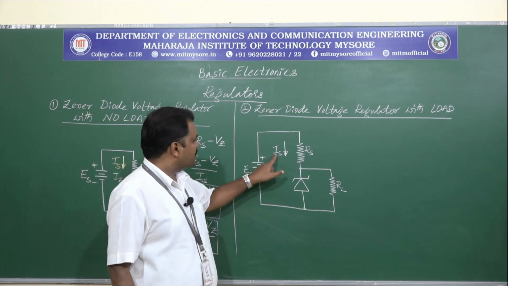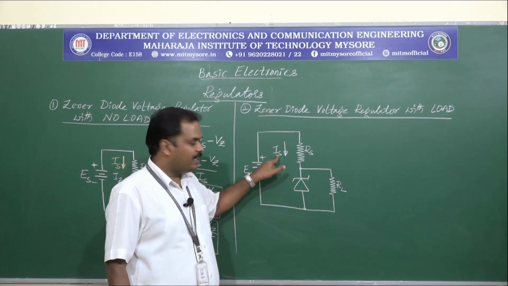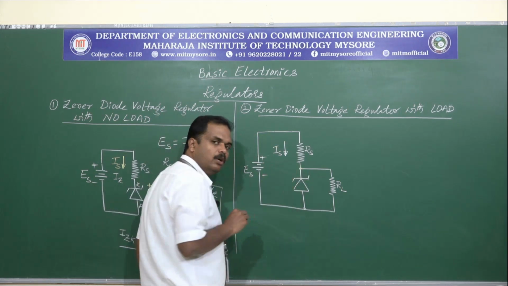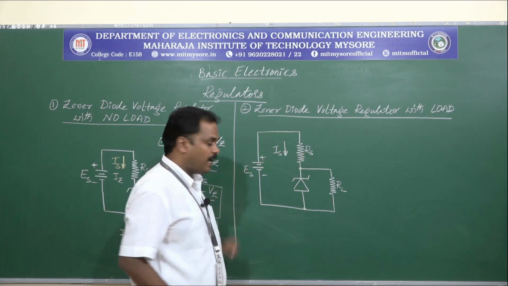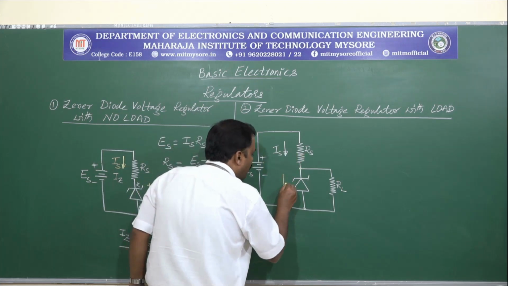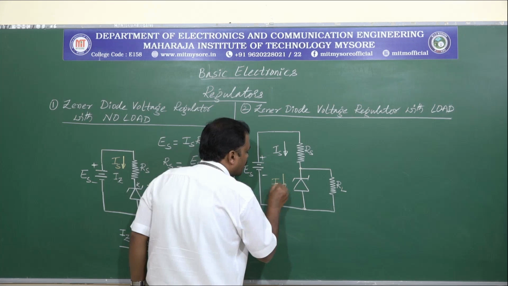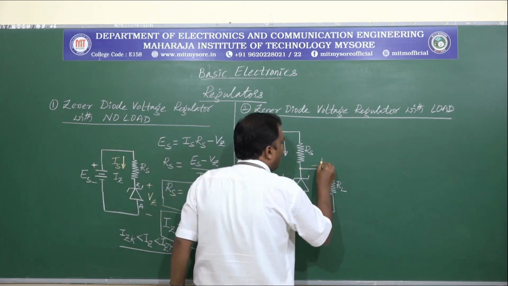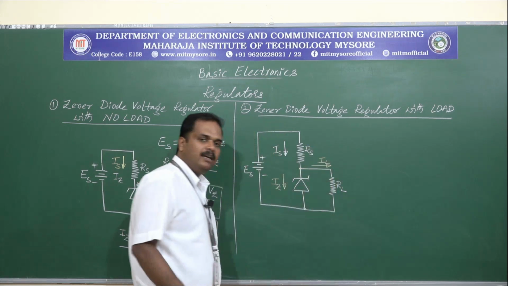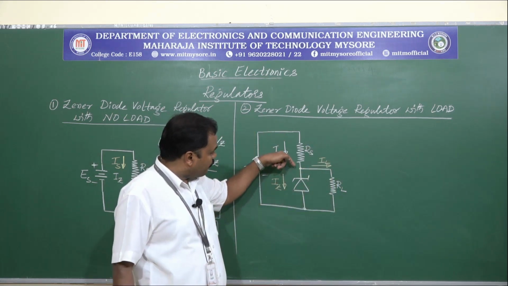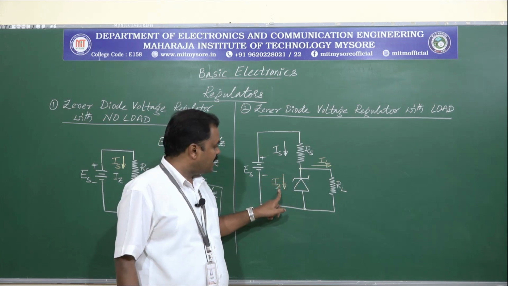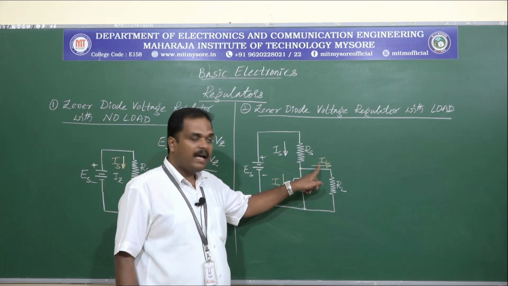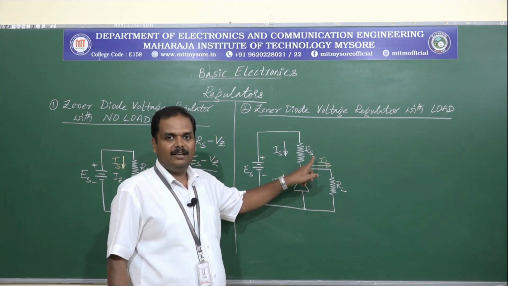Now, look at this. Is is the input current that is flowing through the circuit, and when it comes to this particular node, it will be split into two currents. One shall be called Iz, the other shall be called IL. The current flowing through the Zener shall be called Zener current Iz. The current flowing through the load resistance shall be called load current IL, right?